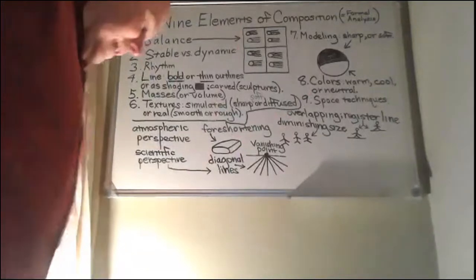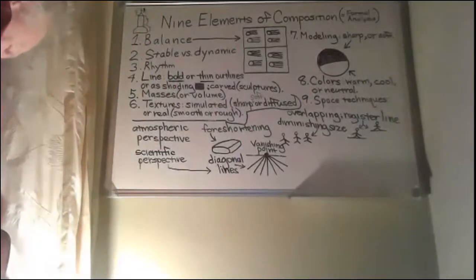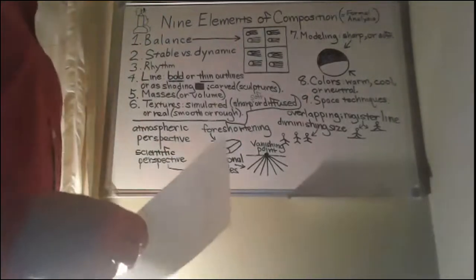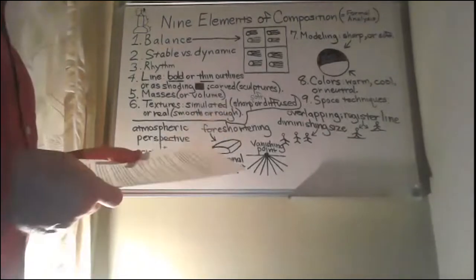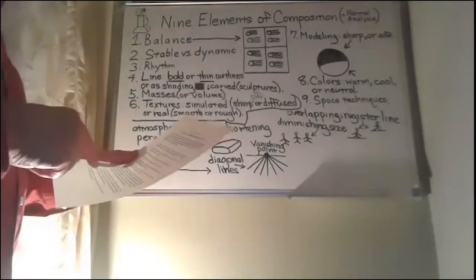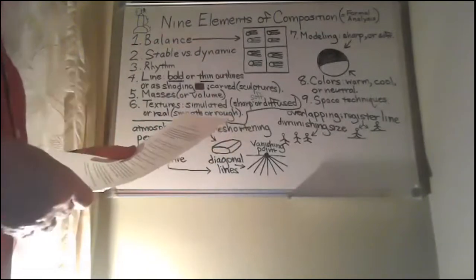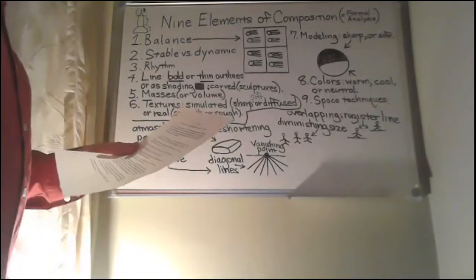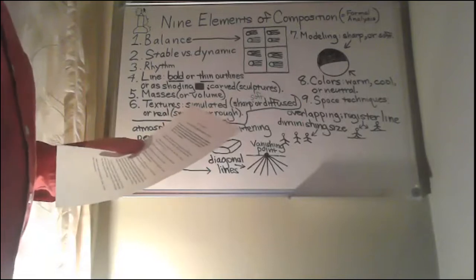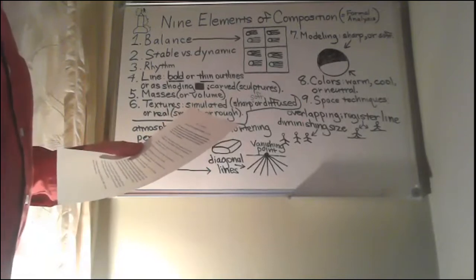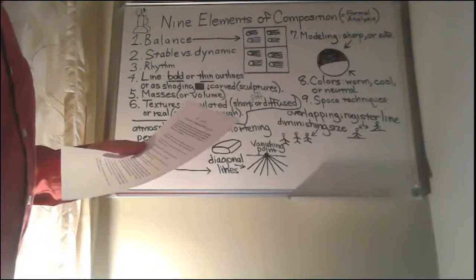Color is a complex concept, but it can be broken down into 3 main types of colors that artists use. Okay, so here at number 8 on the handout, the numbering is the same as it is on the board. With color, you look to see the use of warm colors or earth tones, which I've listed here.